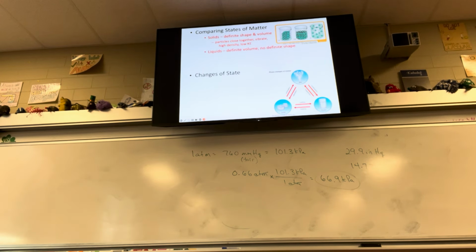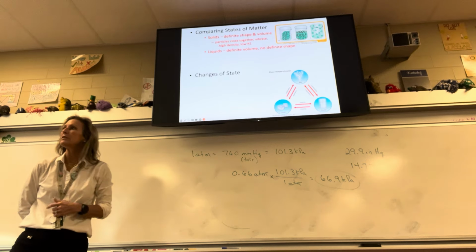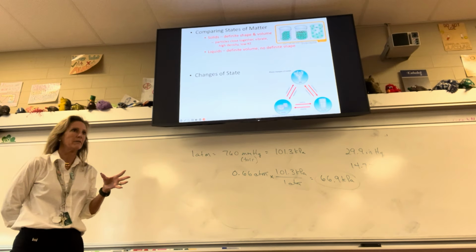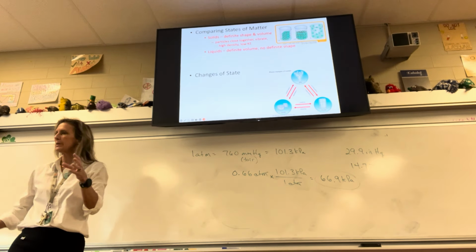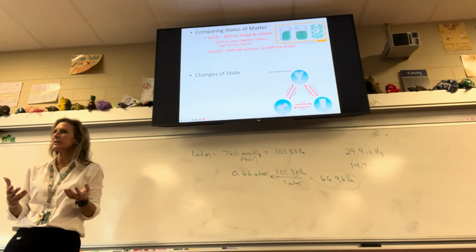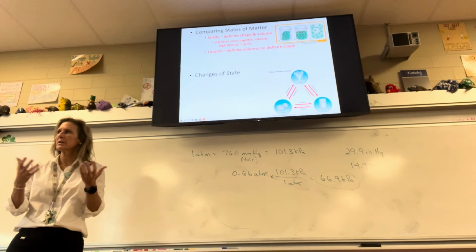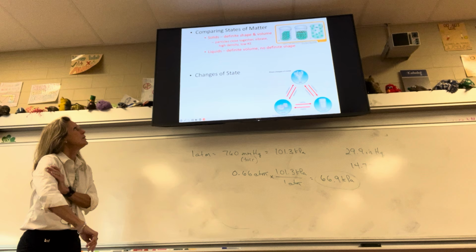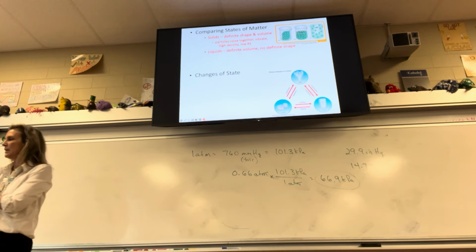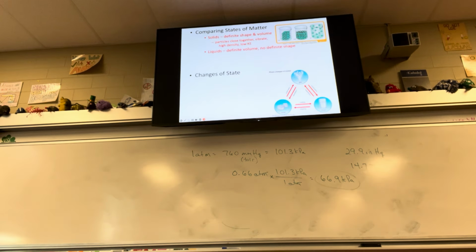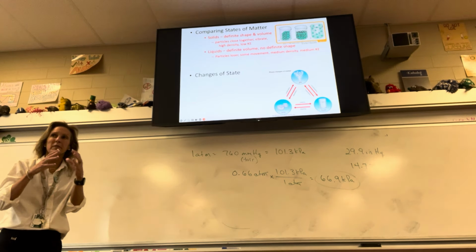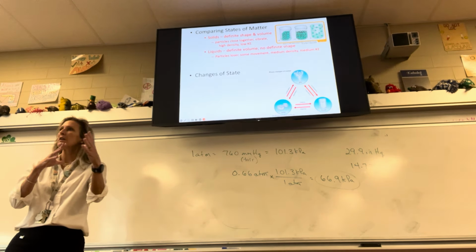Then liquids, they have no definite shape, but they have a set volume. So liquid's going to take on the shape of whatever its container is, but it's going to have the same volume regardless. And that's because in liquids, their particles are a little looser.